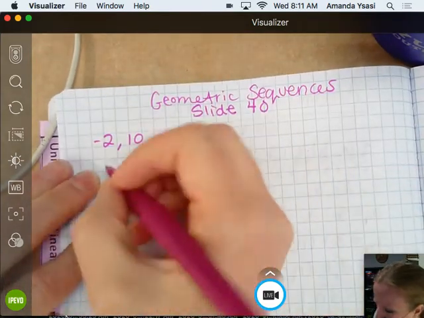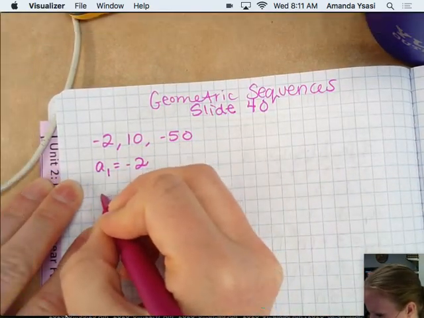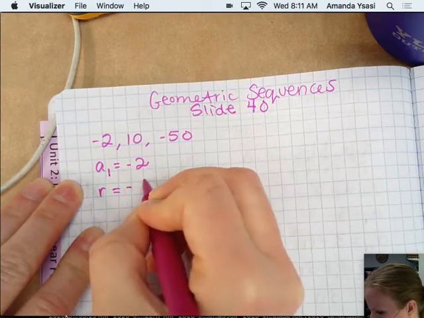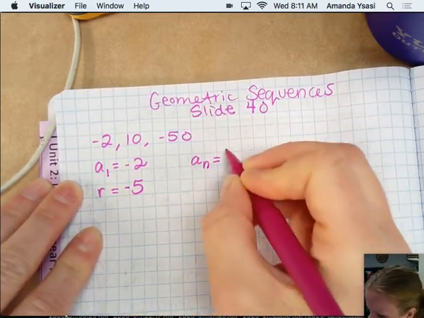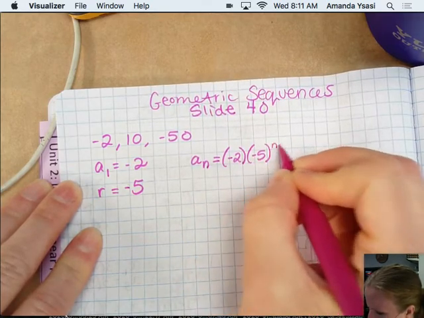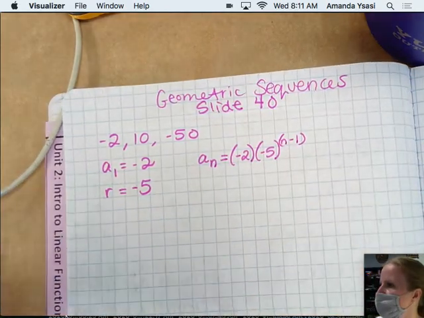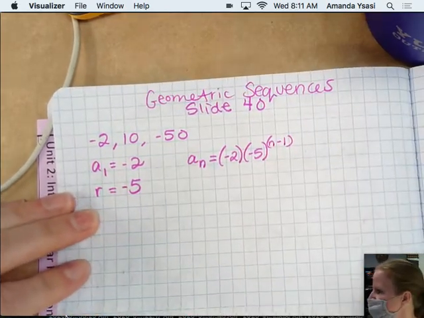Okay, so we have A1 is -2, R is -5, and then our formula is A sub n equals -2 times -5 to the n minus 1. So that means our exponent is going to be n minus 1.